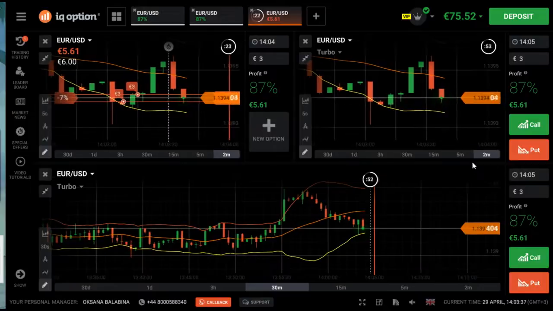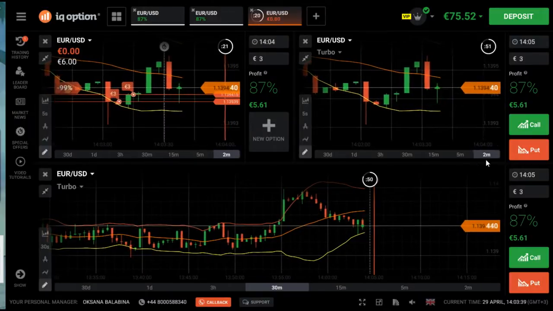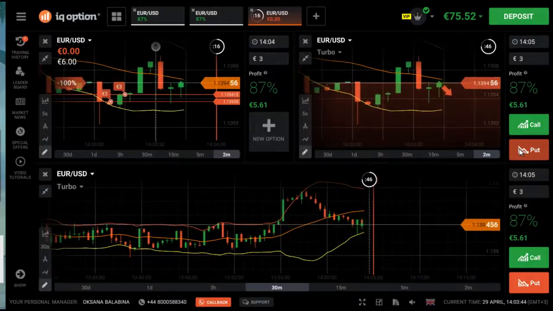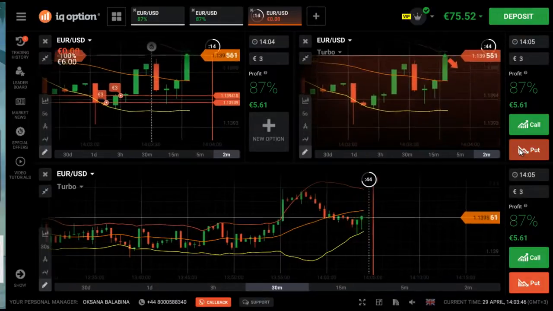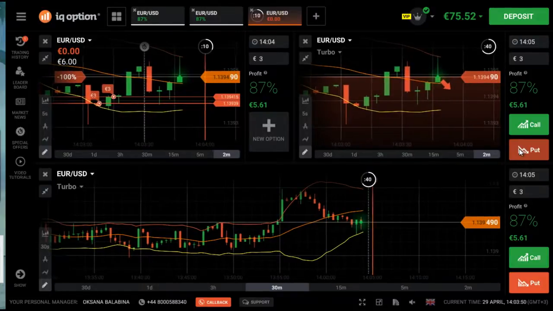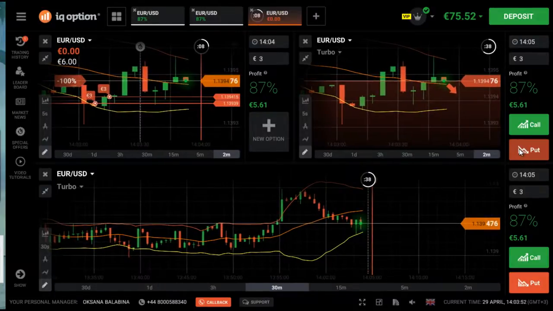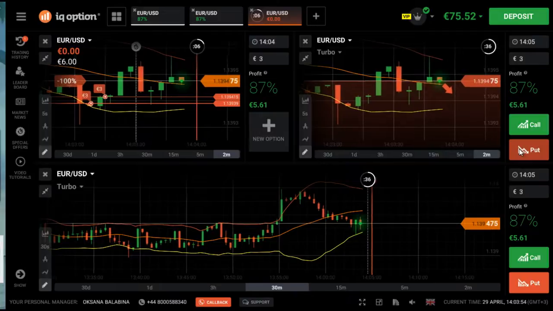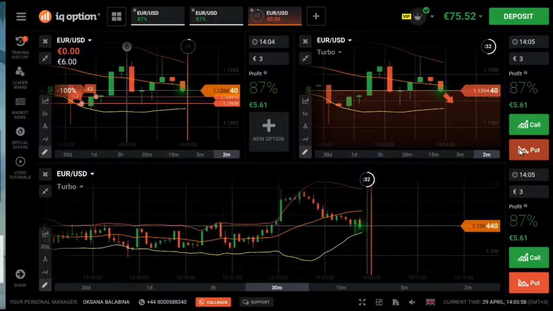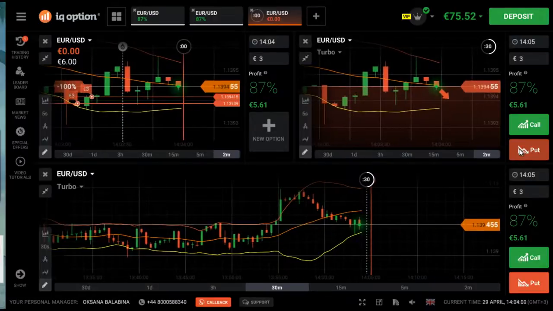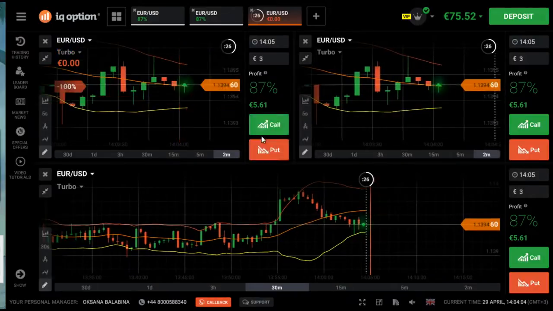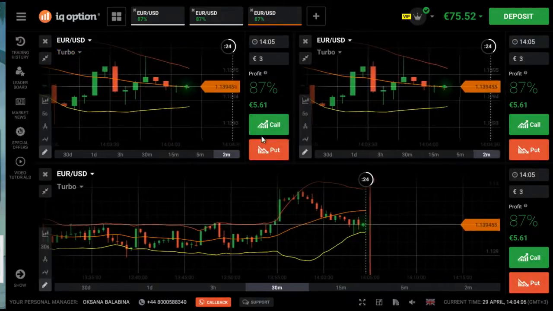Right now it's very undecided. You can either wait till some decision is made, or like I'm doing, just a little bit of trade, but it's almost useless trading on this candle right now.